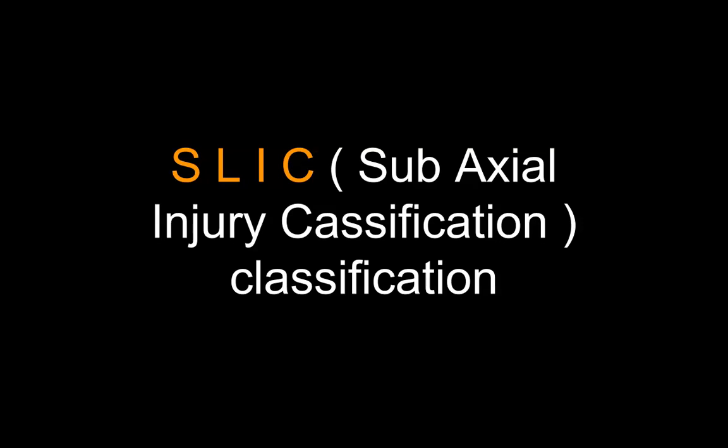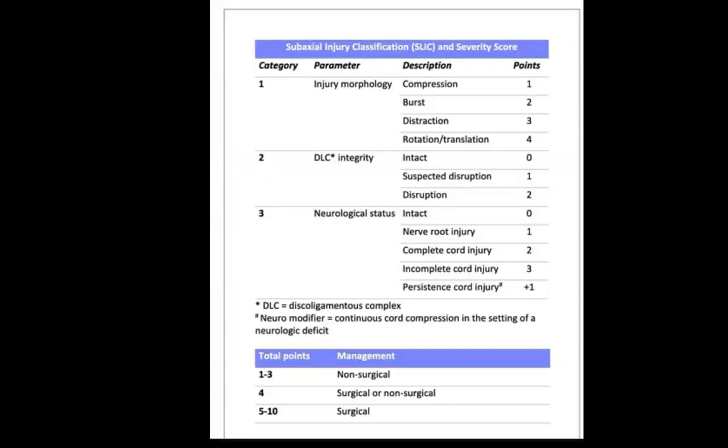I love this classification, SLISC, subaxial injury classification. And it's very simple. It affects the morphology of the bone on category, whether it is wedge compression fracture, whether it is burst comminuted fracture, whether there is distraction of the vertebrae, whether there is rotation or translation.